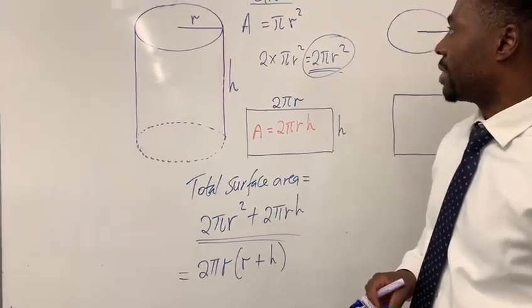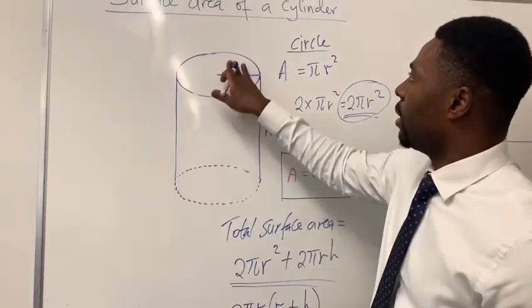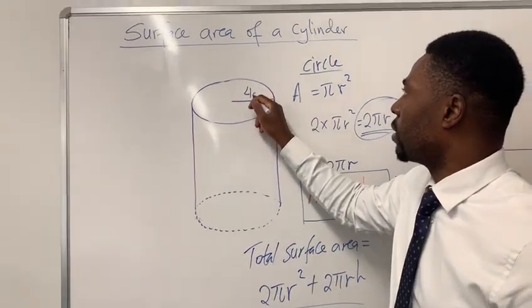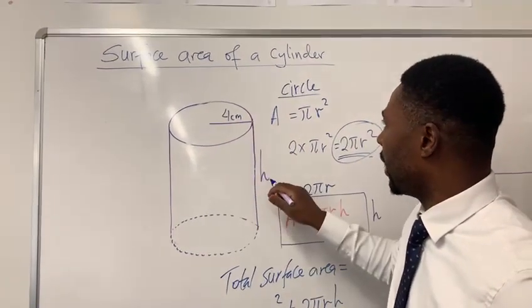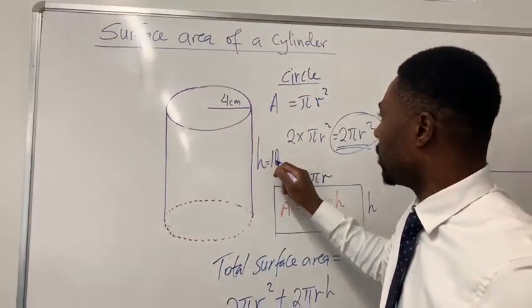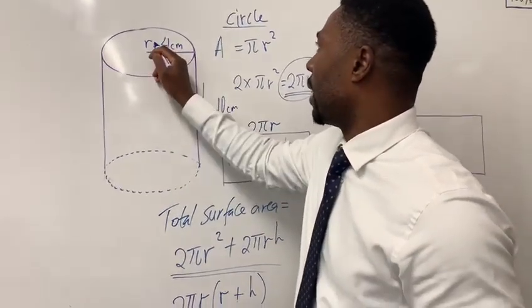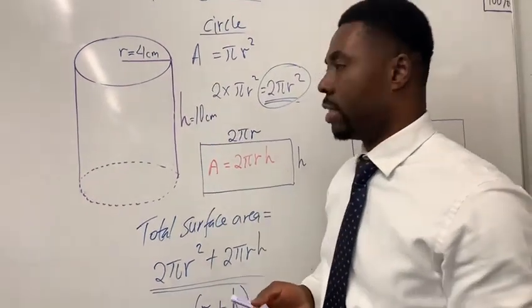So we're now going to do an example. Let's just say, for example, the radius of our cylinder is 4 centimeters, and the height h is actually 10 centimeters. So r equals 4, and the height h equals 10 centimeters.